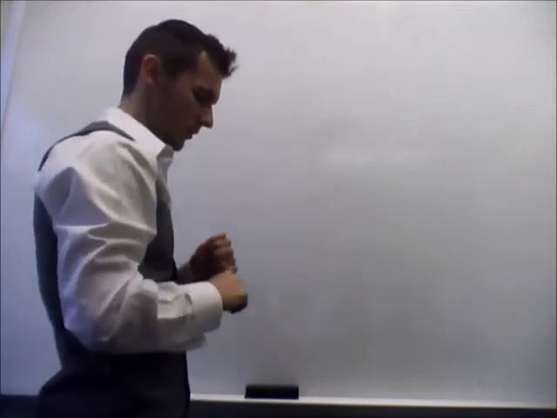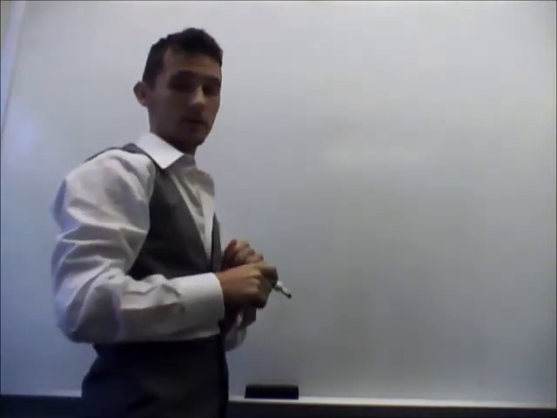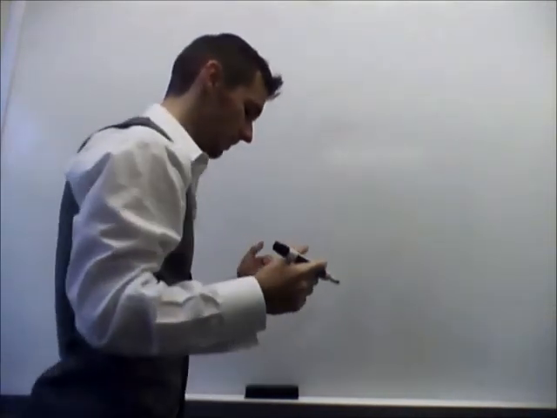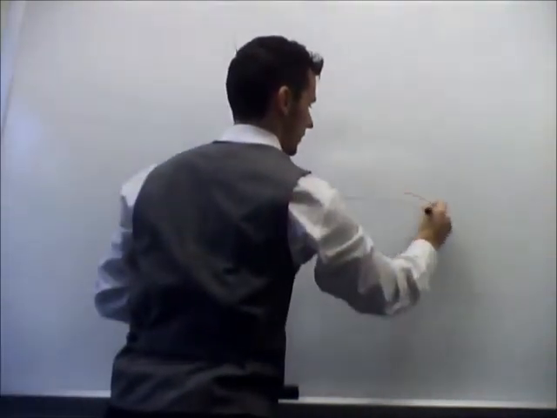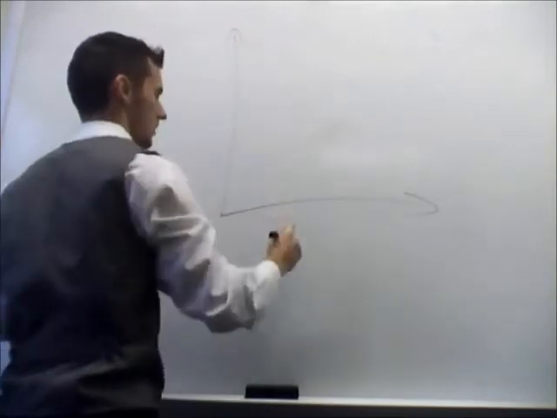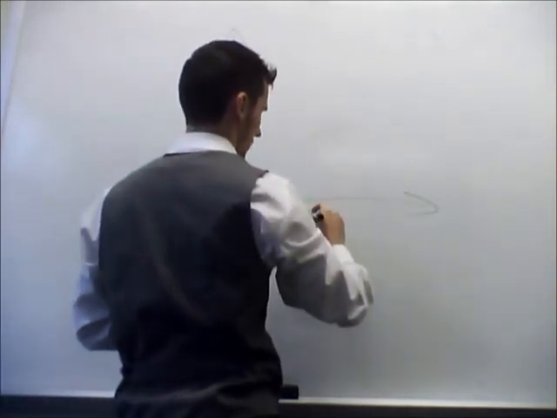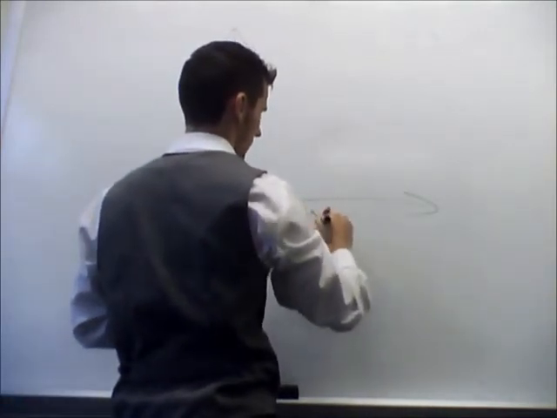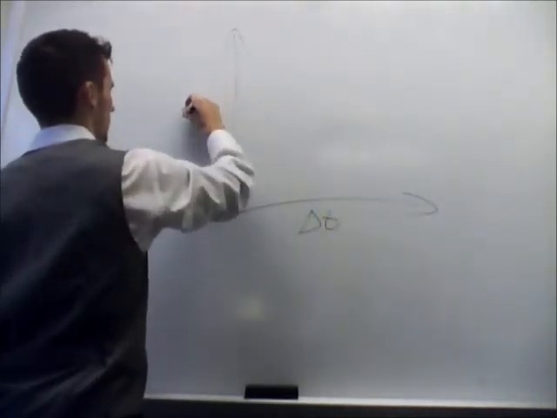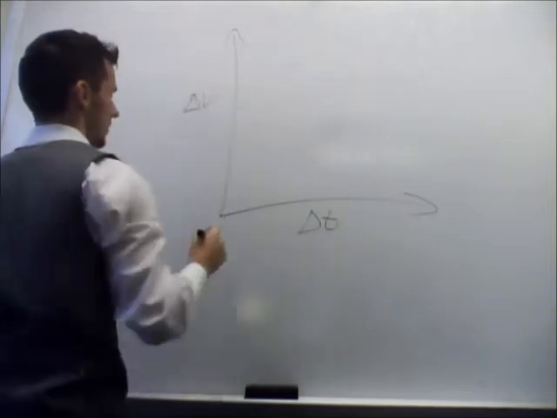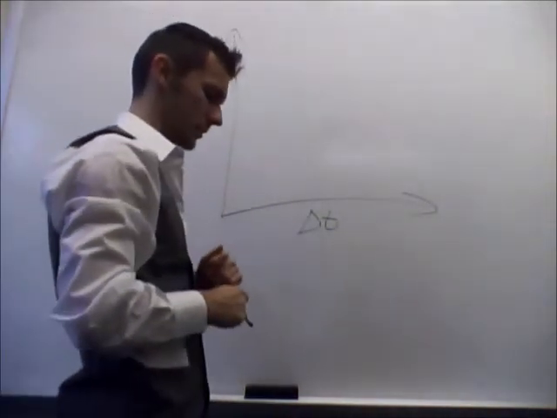And now we're going to move on to starting on the second equation. And to do that, we're going to have to look at the graph. I guess change in time will be on the bottom, and change in velocity on the y-axis.